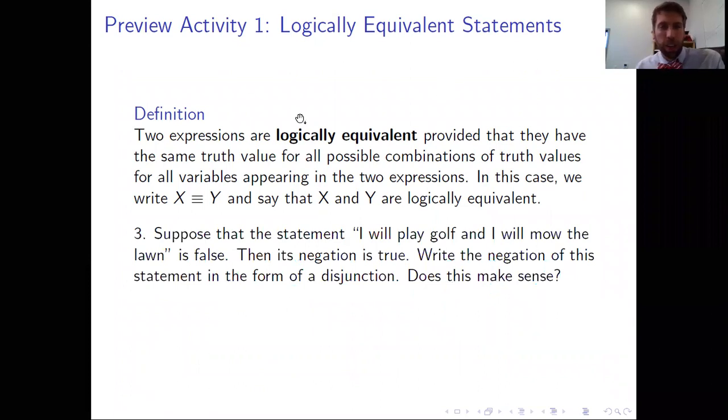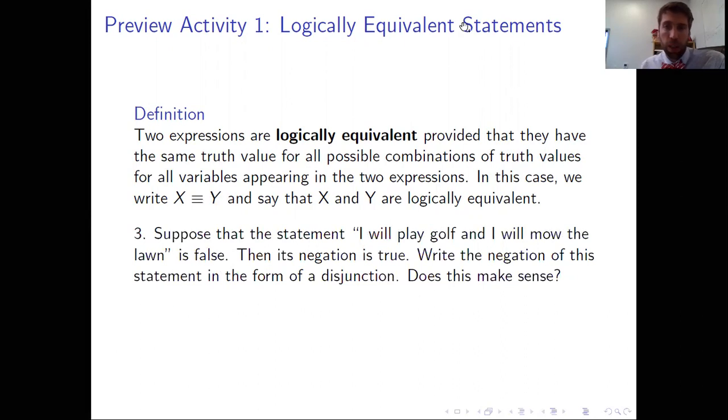All right, I'll keep the definition here to remind ourselves, and then number 3 says, suppose that the statement, I will play golf and I will mow the lawn, is false. Then its negation is true. So write the negation of this statement in the form of a disjunction. Does this make sense? So if it's not true that I will play golf and I will mow the lawn, then one of those things must be false.